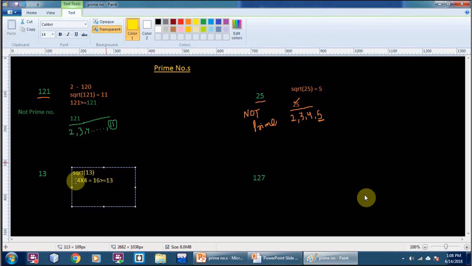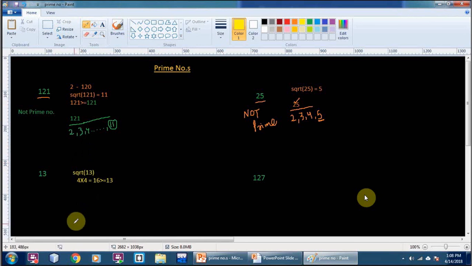So I will check 13 by 2, 3 and 4. 13 is not divisible by 2, 3 and 4. So 13 is a prime number. If I am not getting the exact square root, I will check with the next number.